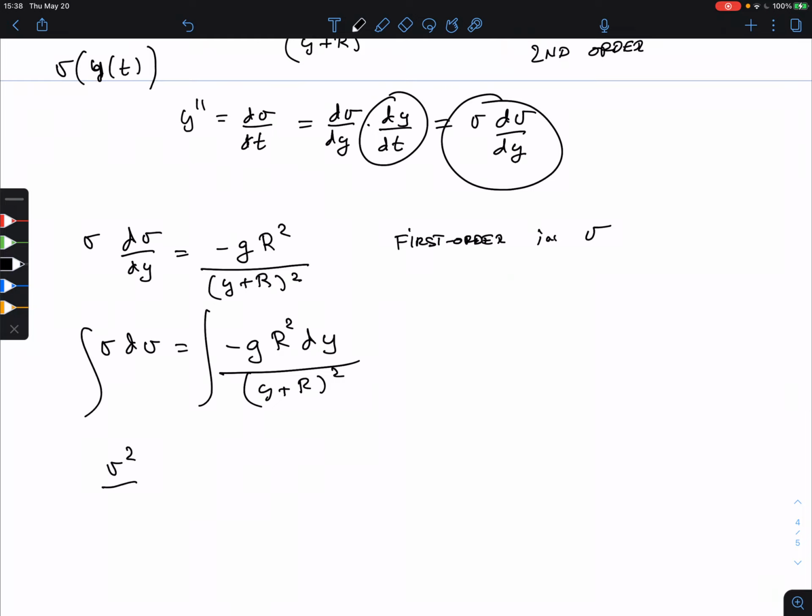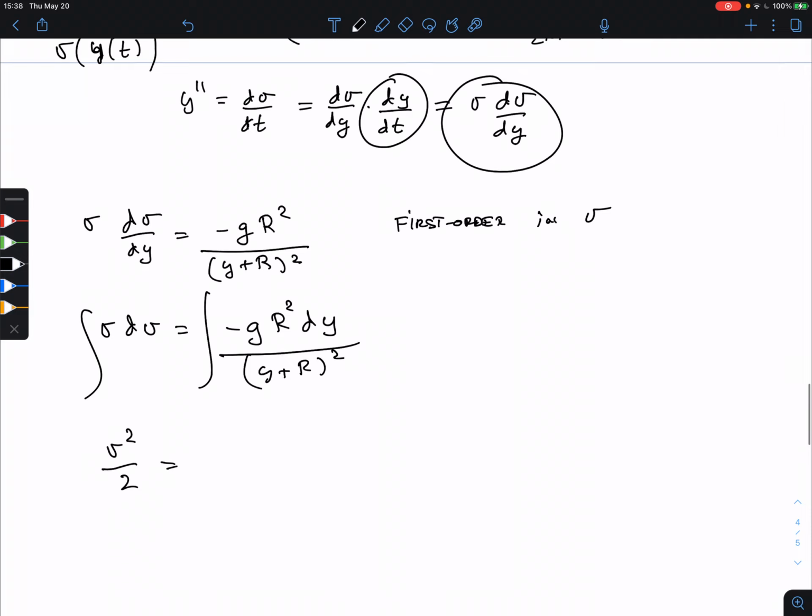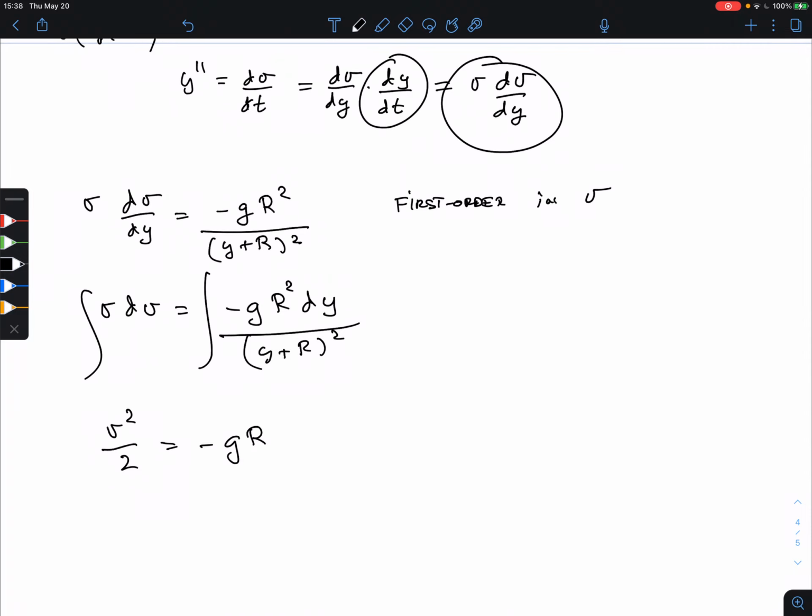This is v squared over 2 equals, minus g and r squared are constants. And what is this then? Let me rewrite this. This thing is the same as (y plus r) to the power negative 2, right? So I'm going to write it that way. I'm going to move my dy a little bit out of the way.